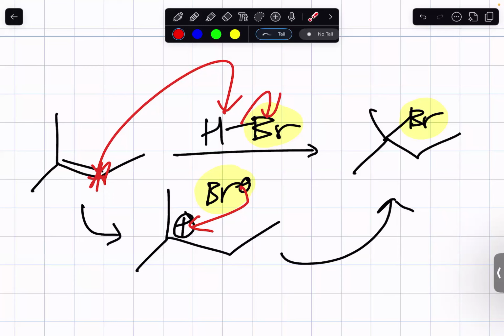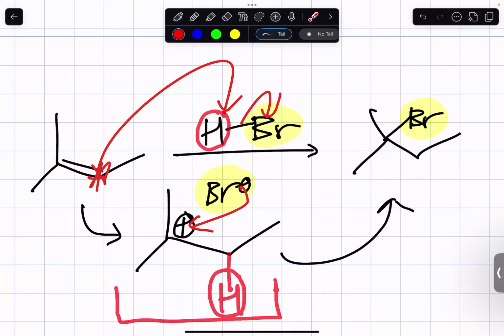Why did the less substituted side attack the HBr? Yeah, so the less substituted side of the alkene attacked the HBr, specifically the H from the HBr, because the resulting intermediate led to a more stable carbocation. If I kept track of this less substituted carbon, which grabbed the hydrogen, that led to a positive charge on the more substituted side.